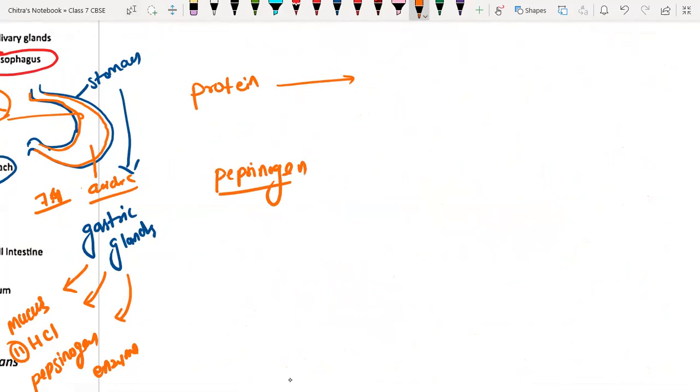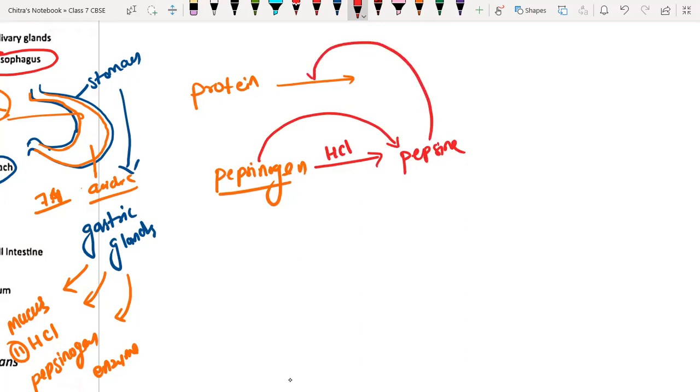It is not much active. Pepsinogen converts into pepsin in the presence of hydrochloric acid. Very important: pepsinogen gets activated with the help of hydrochloric acid and forms pepsin, and that pepsin helps in the digestion of protein, and protein gets broken down into peptides.